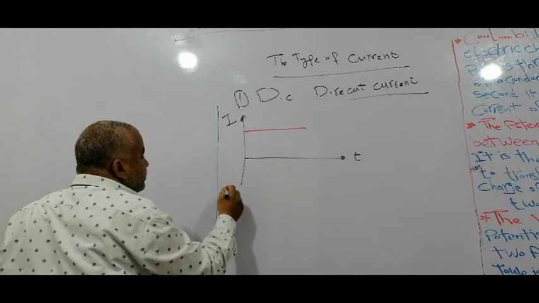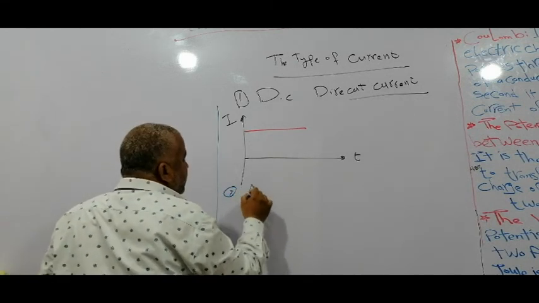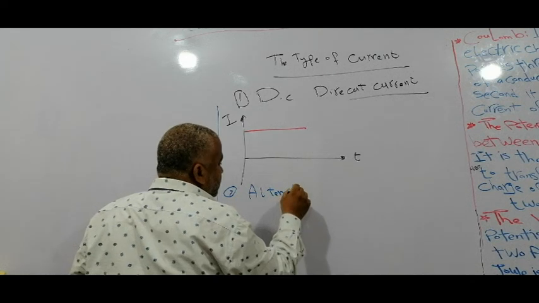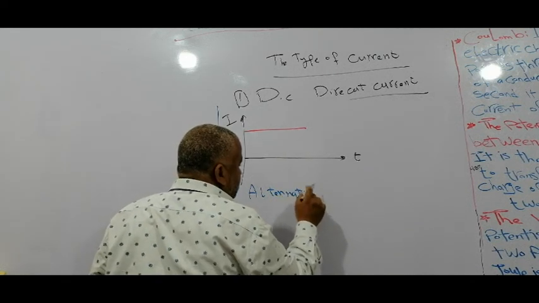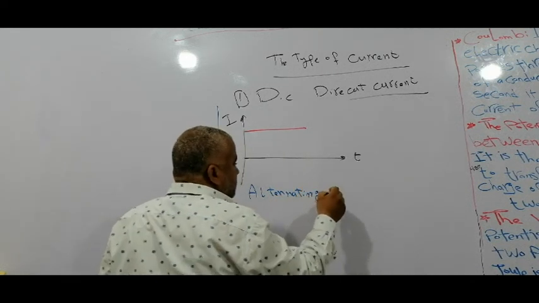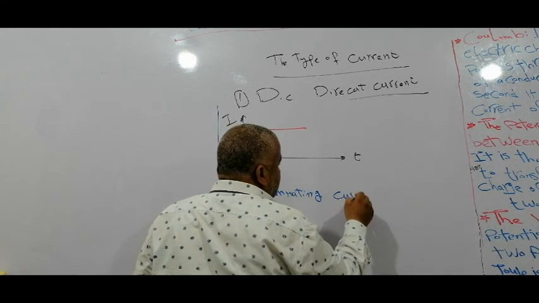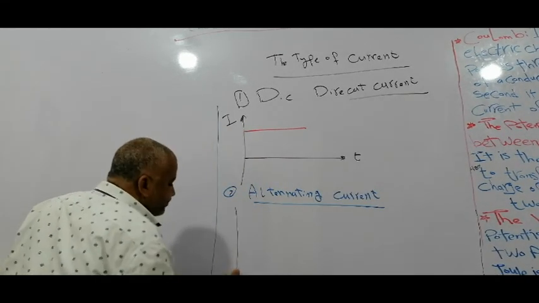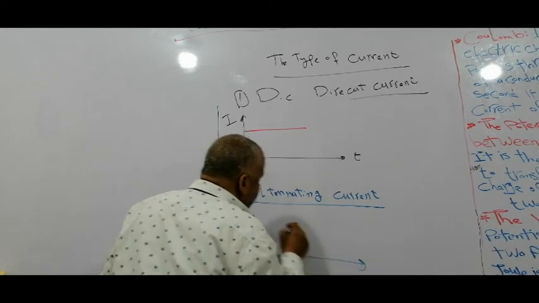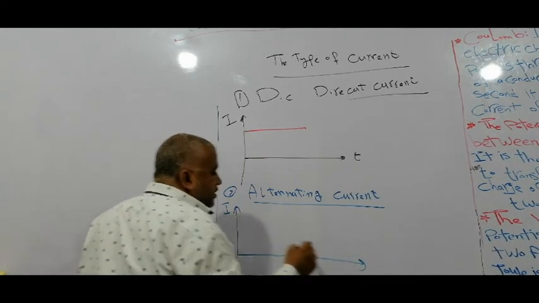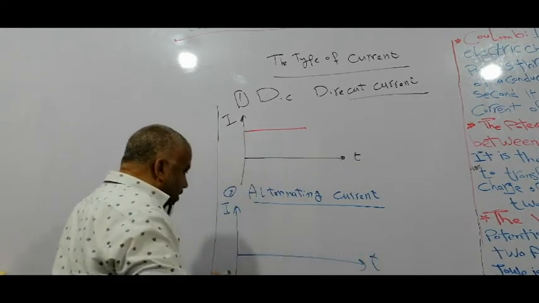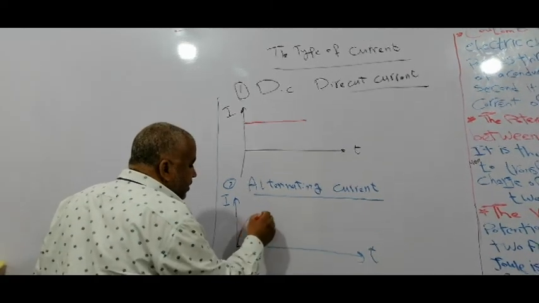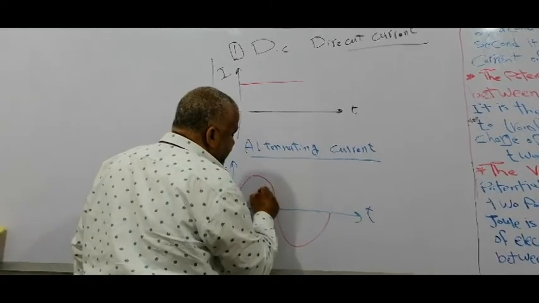The second, alternating current. When we draw a relation between intensity and time, this type of current is variable in intensity and direction.